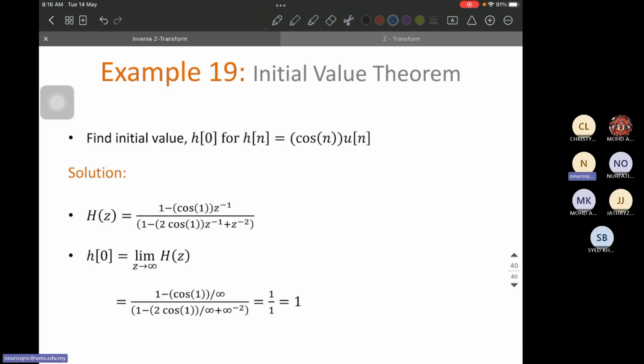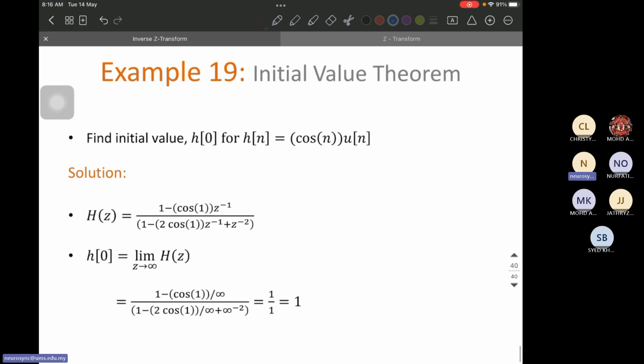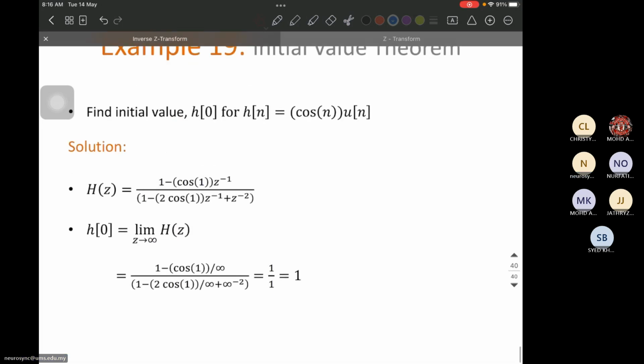Let us take n equal to 1 here, so cos 1 will be there. Then if we apply this limit, putting z equal to infinity in H of z, you will get the initial value equal to 1 if you solve this. So like this, we have the initial value theorem.